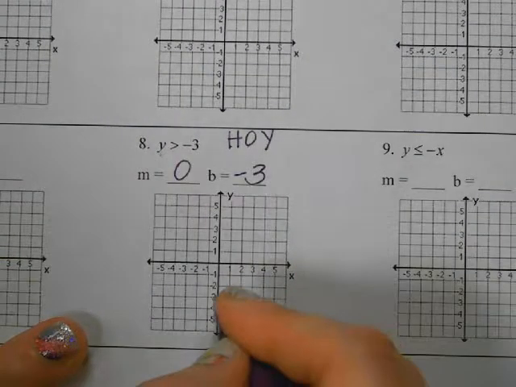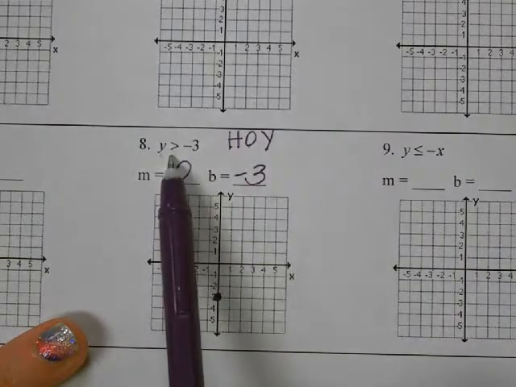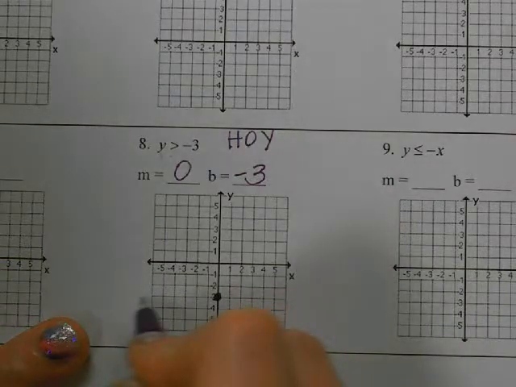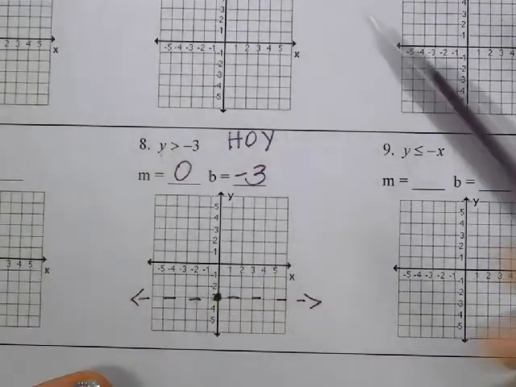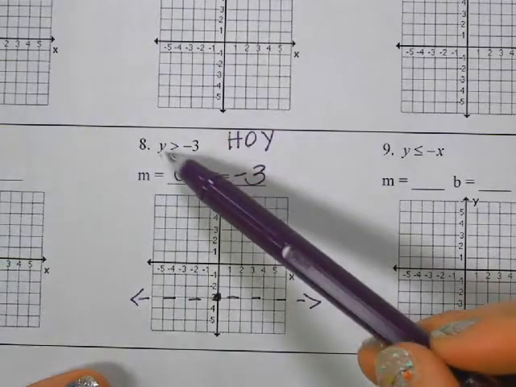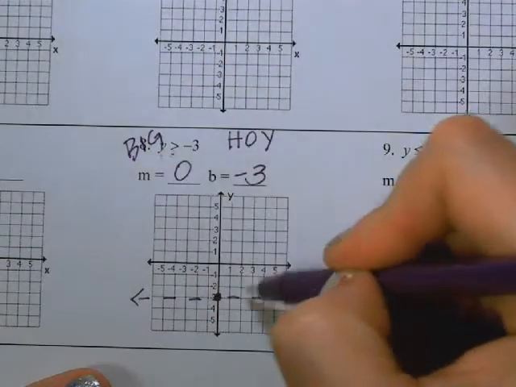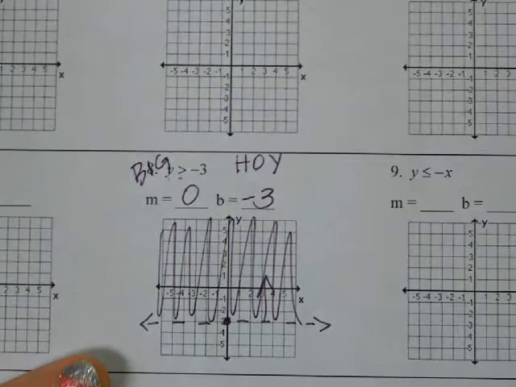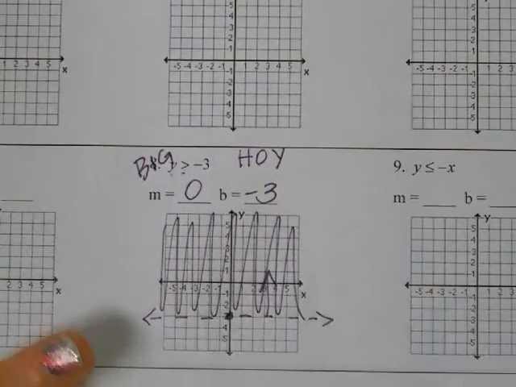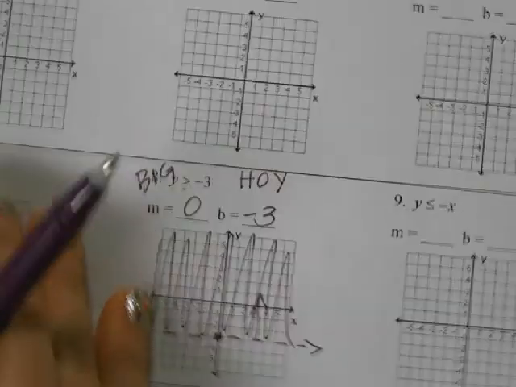So then we're going to draw a dot at -3. And does this one get a solid line or a dotted line? It gets a dotted line. And do I shade above or below? Well, this is bigger than, so it's on the big side. So I'm going to shade up. Okay, just like that. You'll finish the rest of these on the front. Let's do a couple of the ones from the back side.